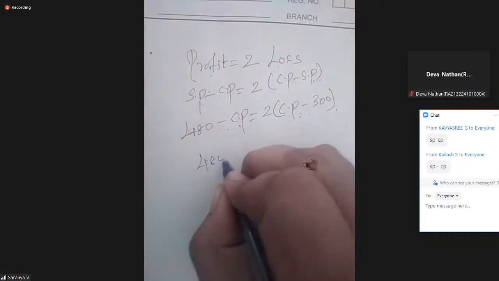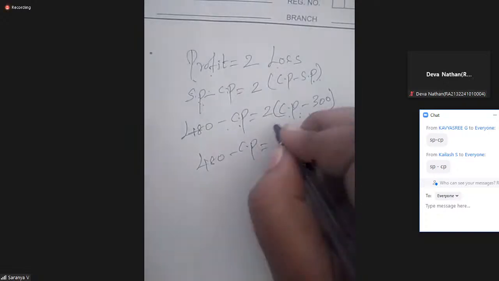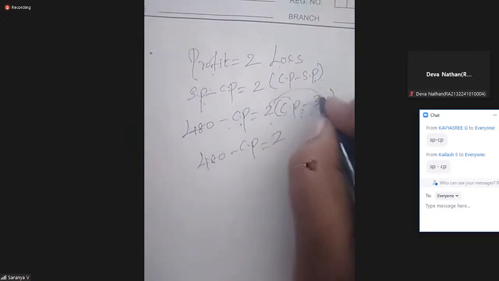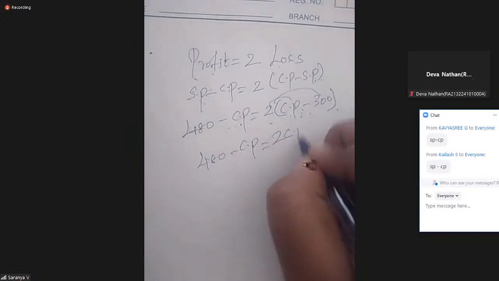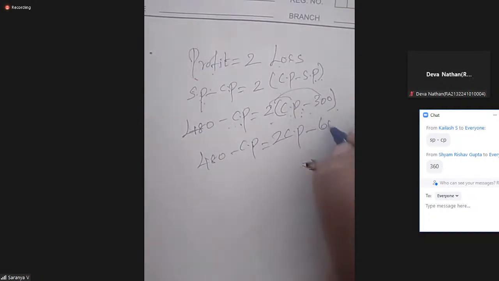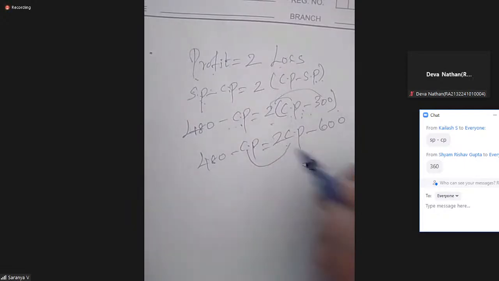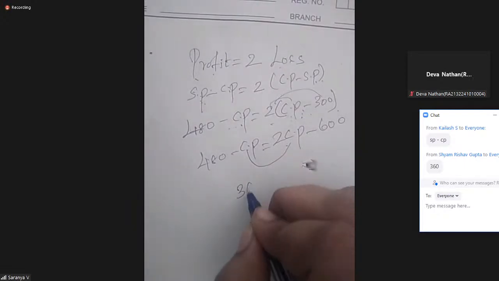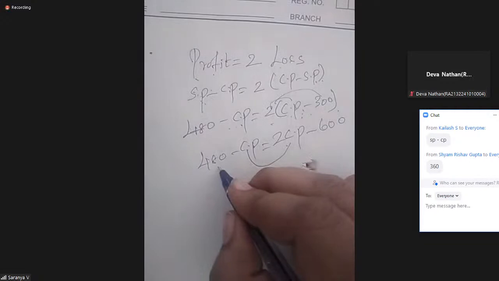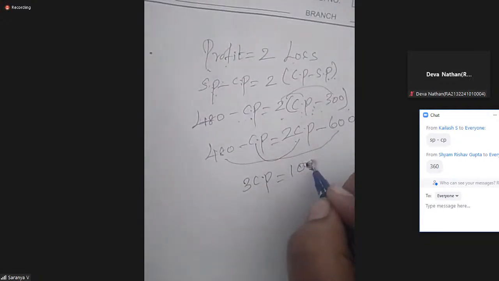So 480 minus cost price is equal to 2 into (CP minus 300). Just multiply those inside. 2CP minus 600. So when you add both, you take this to the other side. 3CP equal to 1080.